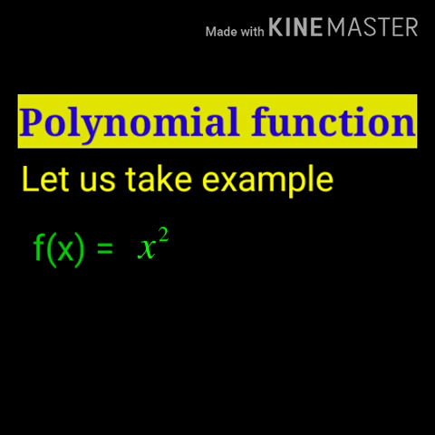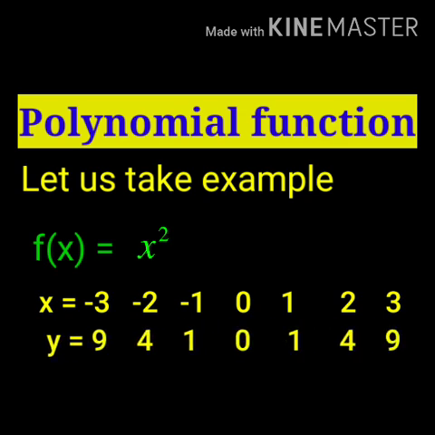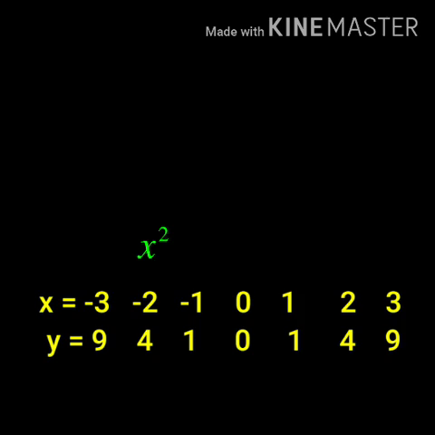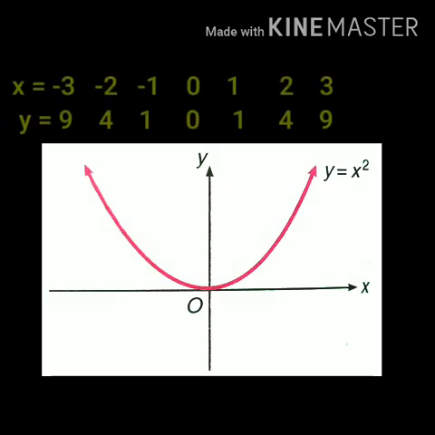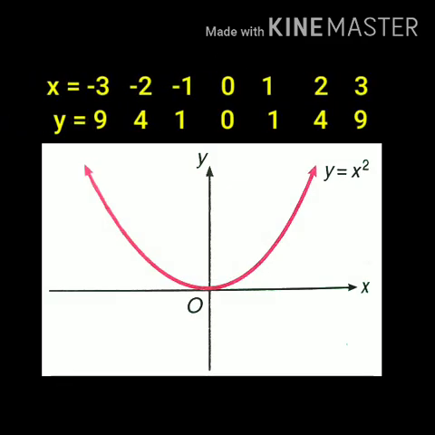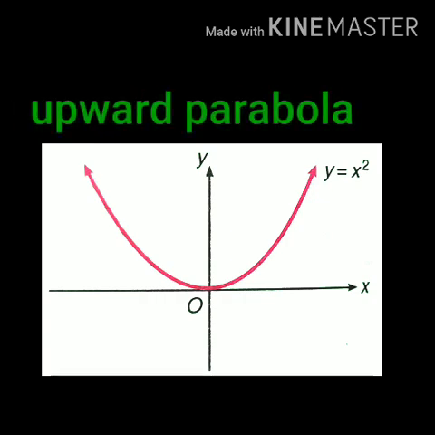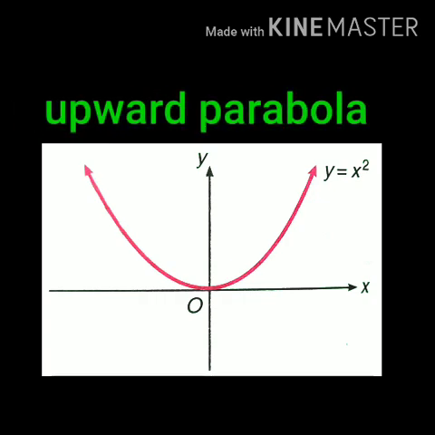For this, considering x equal to -3, -2, -1, 0, 1, 2, 3, we get y equal to 9, 4, 1, 0, 1, 4, 9. By plotting these xy values on the coordinate system, we get the graph of this function, an upward parabola.